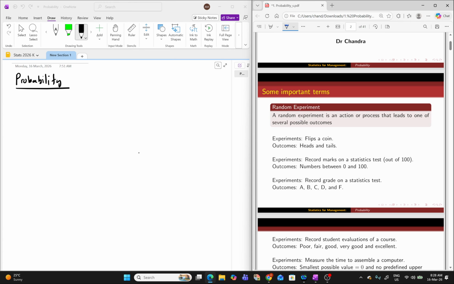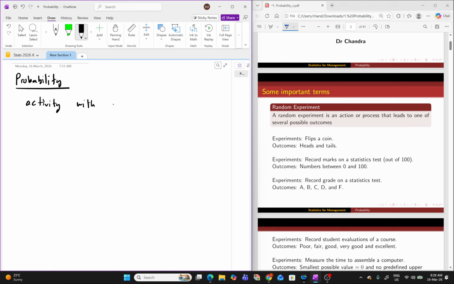An activity with several outcomes is known as a random experiment.